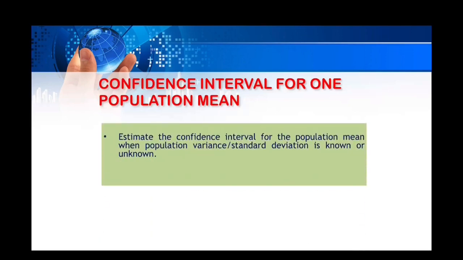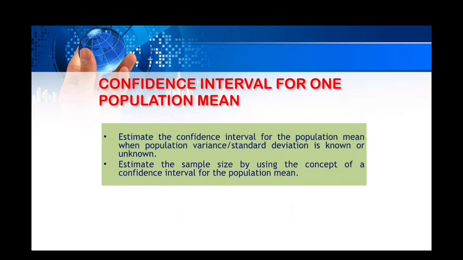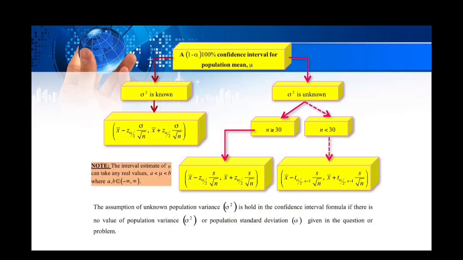Estimate the confidence interval for the population mean when population variance and deviation is known, and estimate the sample size by using the concept of a confidence interval for the population mean. In this course, we assume that all data comes from normal distribution. There are three formulas that you have to know when you want to construct a confidence interval for one mu.